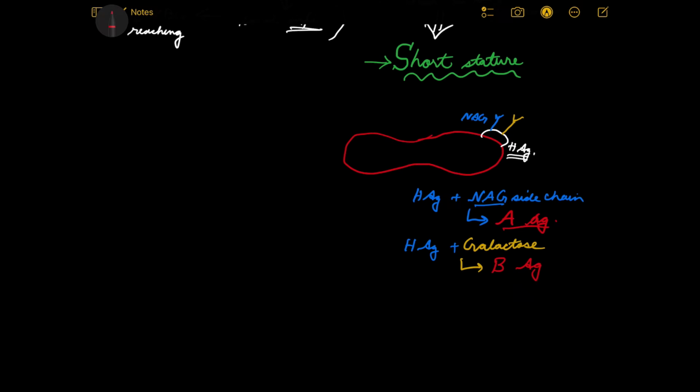So A antigen means A blood group, B antigen means B blood group. If both of them are present, AB, like in this case, and if none are present, that would mean O blood group.